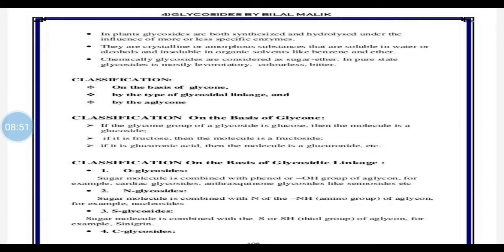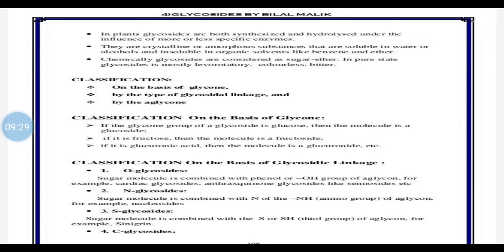They are crystalline or amorphous substances which are soluble in water or alcohol and insoluble in organic solvents like benzene and ether. Chemically, glycosides are considered as sugar ethers. In pure state glycosides are mostly levorotatory, colorless and bitter in taste.